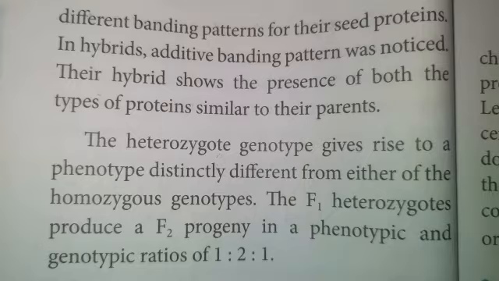So the heterozygote genotype gives rise to a phenotype distinctly different from either of the homozygous genotypes. The F1 shows a heterozygous condition. The F1 heterozygote produces F2 progeny in a phenotypic and genotypic ratio of 1:2:1. So the phenotypic and genotypic ratio for codominance is 1:2:1.